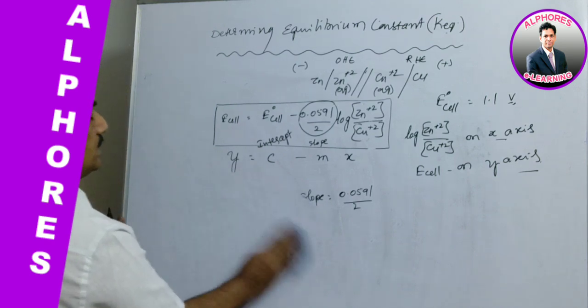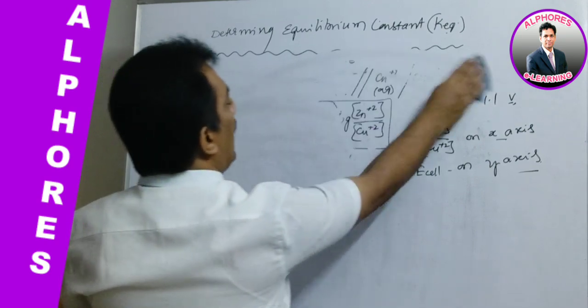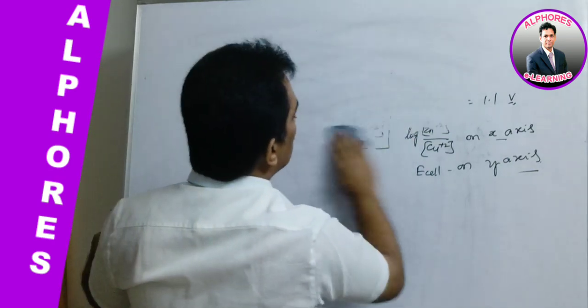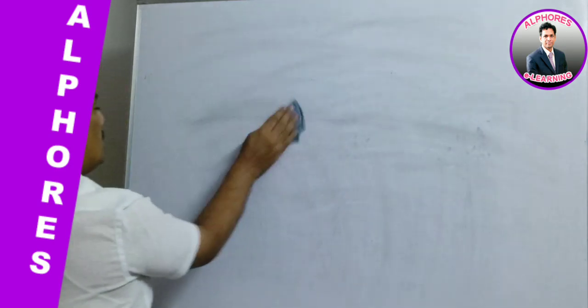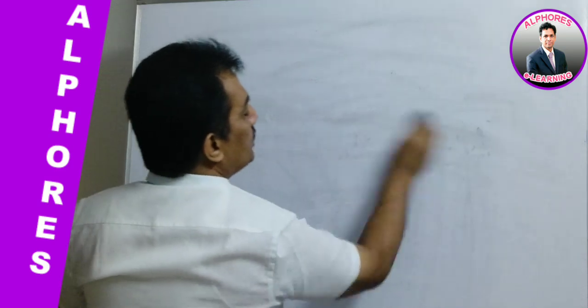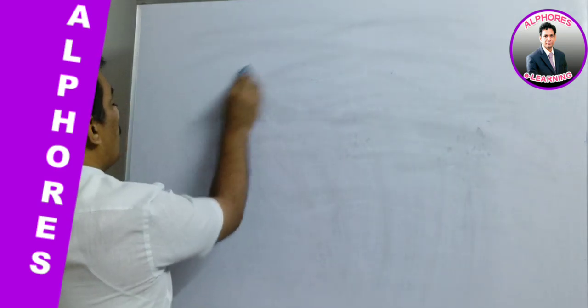And now coming to one more equilibrium constant, the solubility product, KSP. KSP is also one type of equilibrium constant where sparingly soluble salts are dissolved in a solvent, and they establish an equilibrium between the dissolved and undissolved molecules.